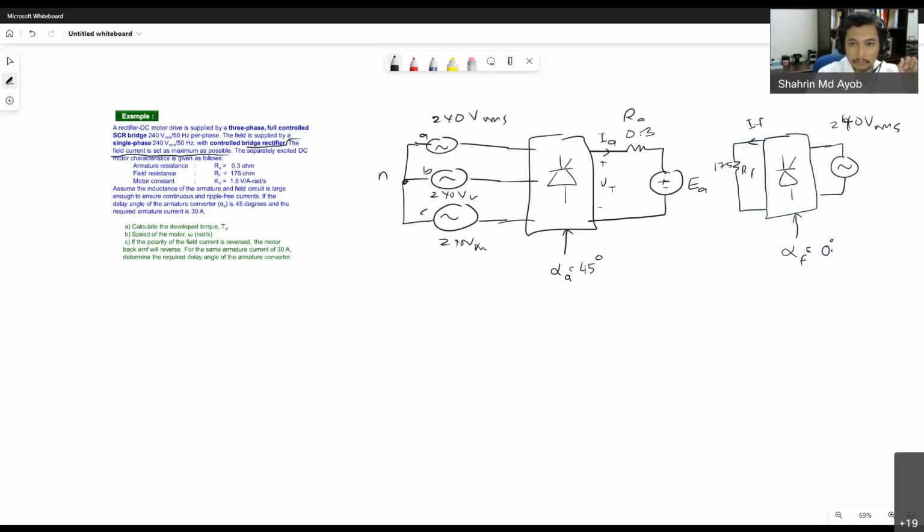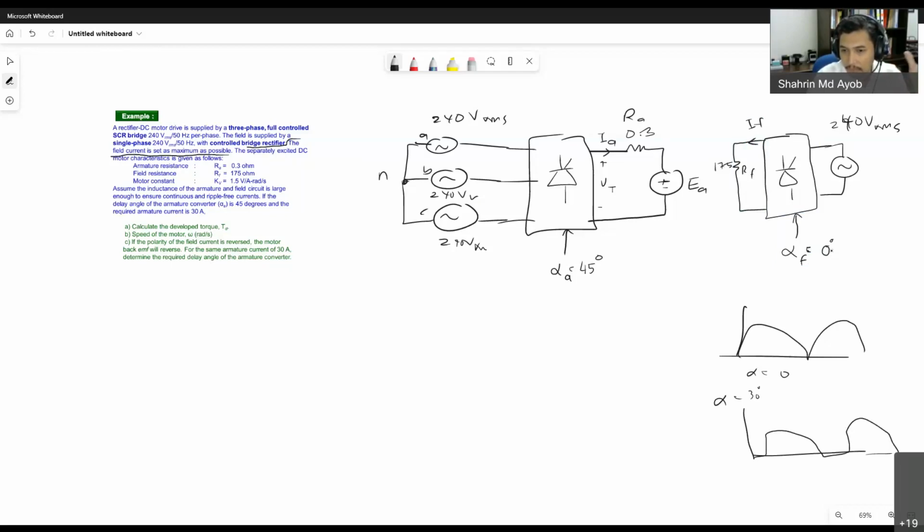If I can recall, when alpha is 0, you will have a full rectification. But if, for example, alpha is 30 degrees, you have this kind of shape, where you can see there is no voltage output here. So this is your V average over pi.